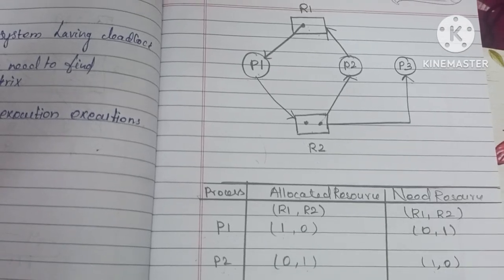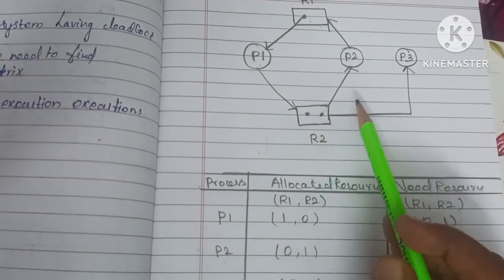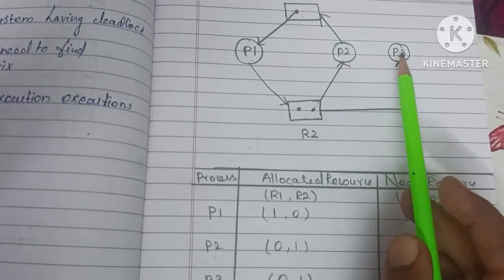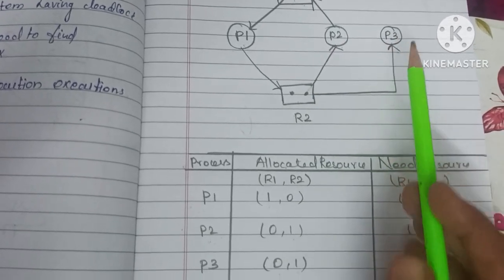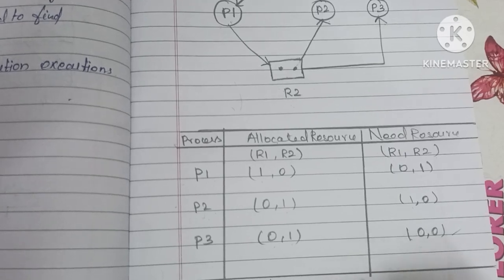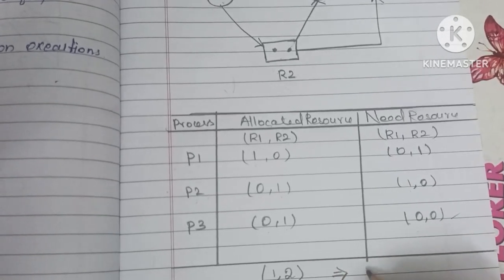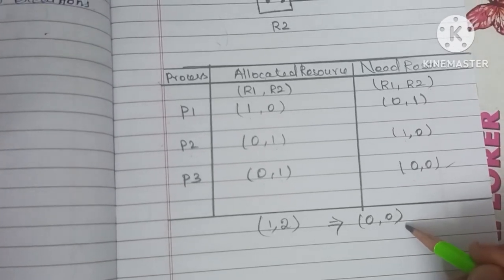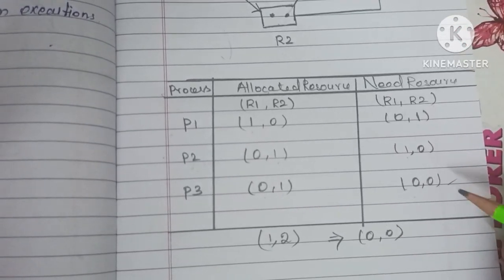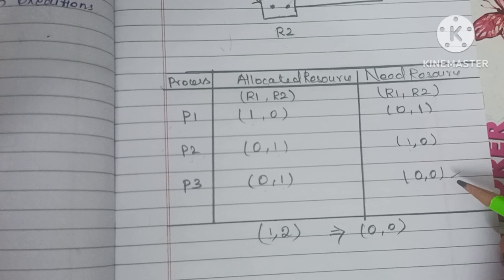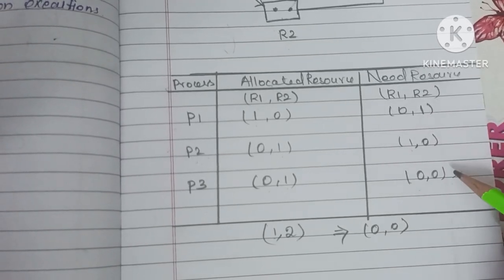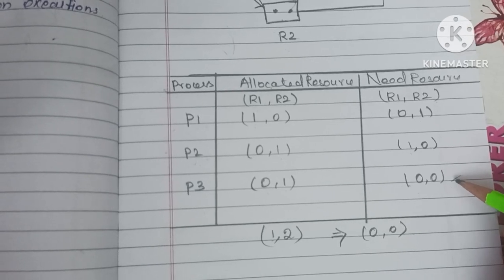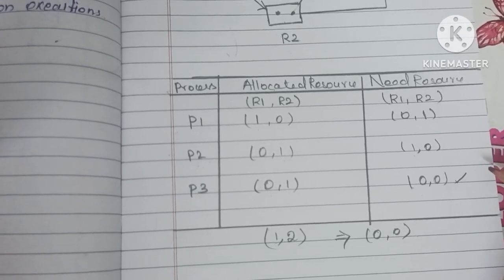In R2, one is already allocated to the process P2 and the other one is allocated to the process P3. So now the currently available resources are 0, 0. With this, we can try to execute any one of these processes. With this 0, 0 availability, we can execute the process P3.